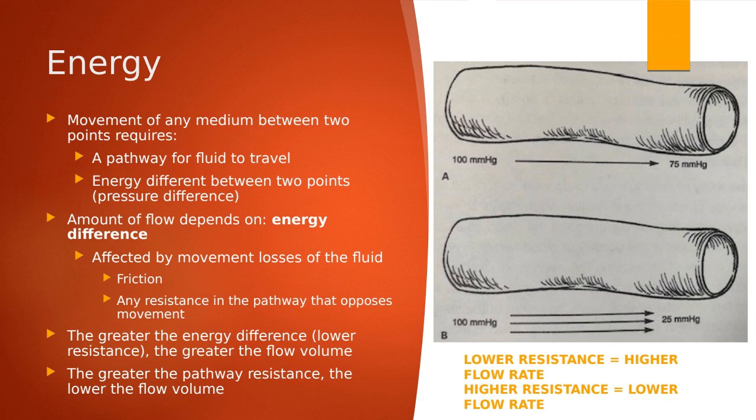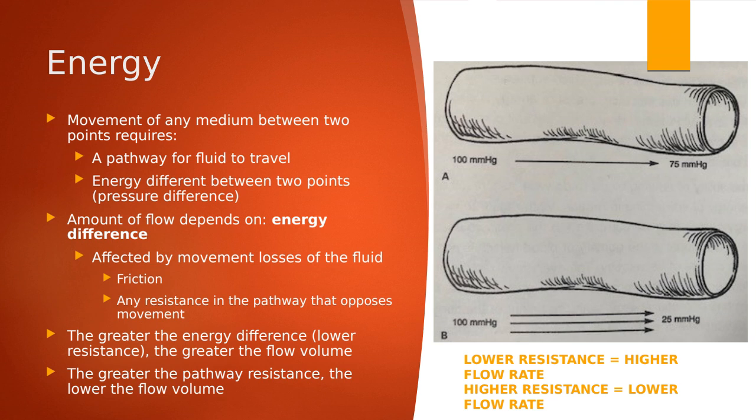So anything that can cause or really kind of oppose movement of fluid is going to be something that we have to account for when we're looking at the amount of flow getting from point A to point B. Like we said, the greater the energy difference, the greater the flow, and the greater the pathway resistance, the lower the flow.